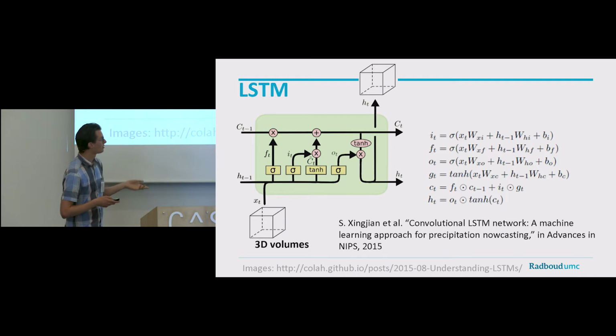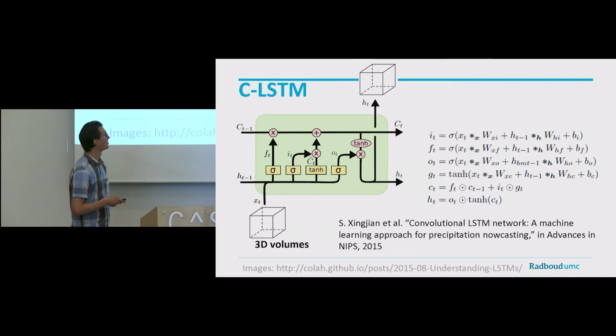Xingjian Shi et al. introduced the convolutional LSTM, or at least it was already there. It's a pretty straightforward approach: you change both the inputs and the hidden states. When you do a convolution over them, you can substitute this into your LSTM framework.